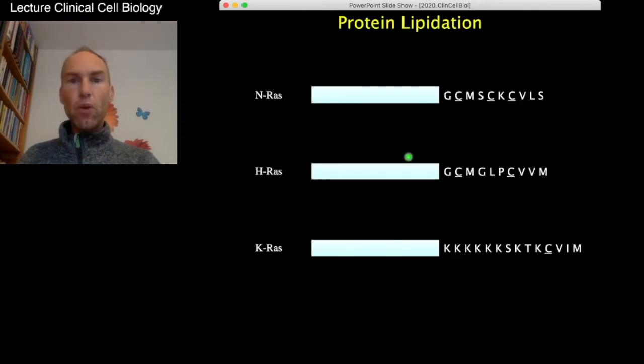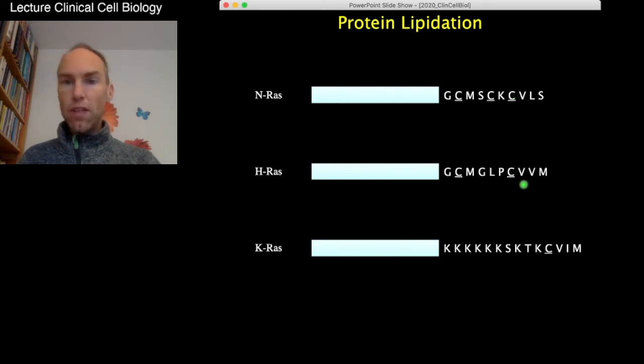Now, if we look at these different RAS isoforms and we look at the amino acids in their C tails, we see that NRAS, HRAS, and KRAS all have this cysteine followed by three other amino acids, and this is a classical CAAX box. So this can be modified with a prenyl fatty acid.